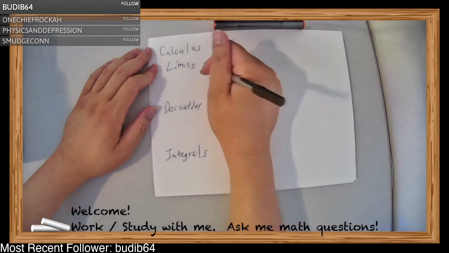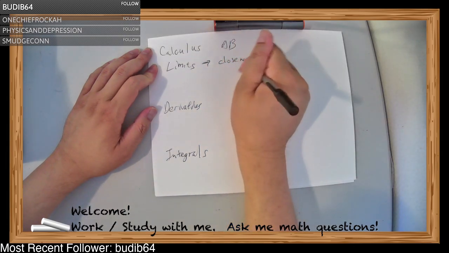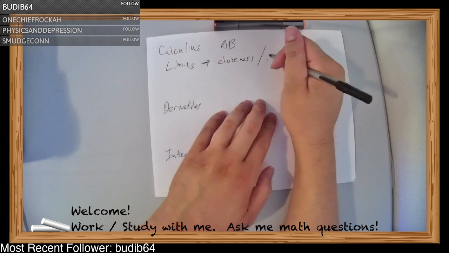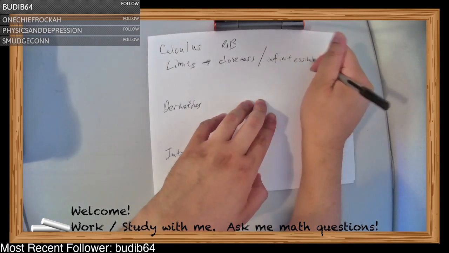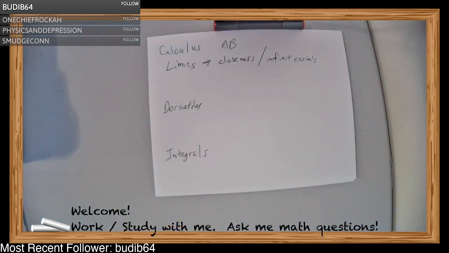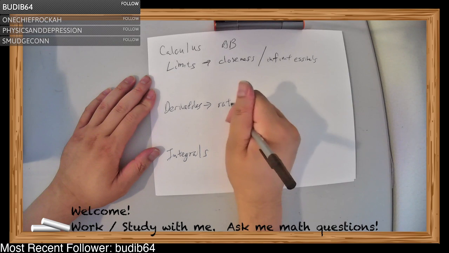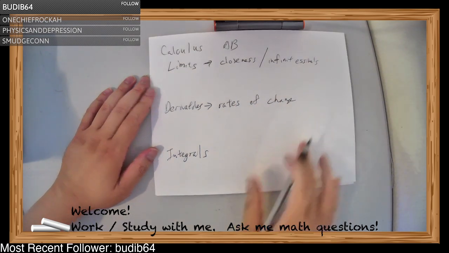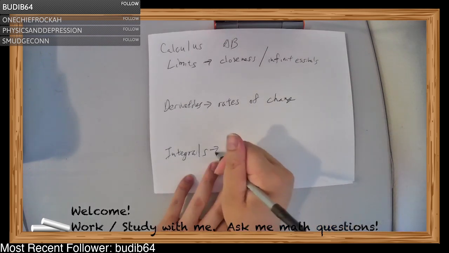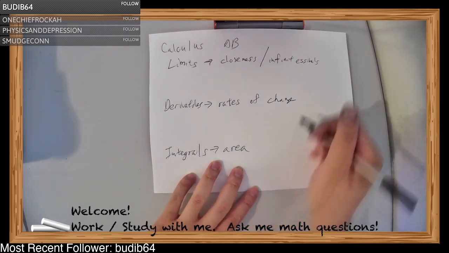Limits allow us to deal with closeness, or infinitesimals. Derivatives help us deal with rates of change. And integrals help us deal with area. Or this is slope.